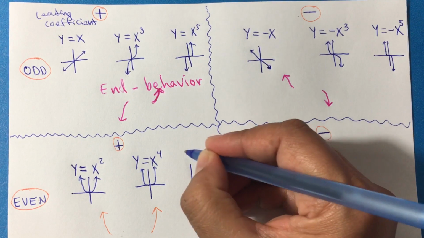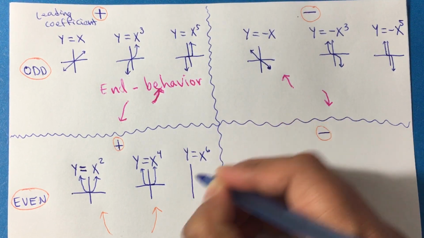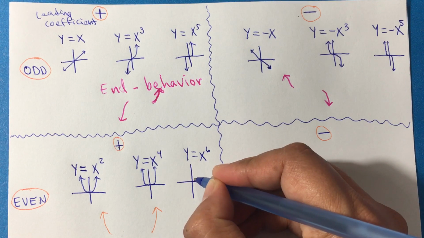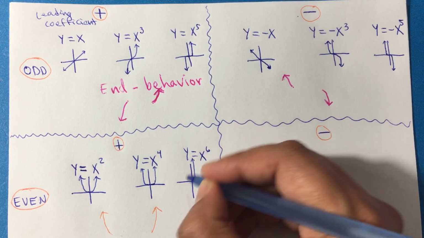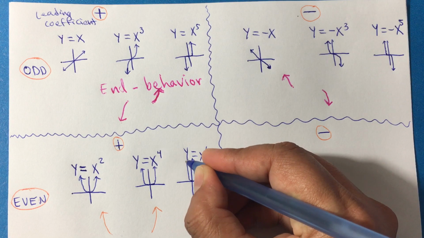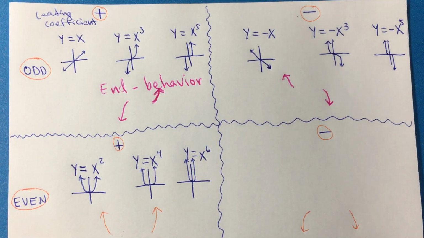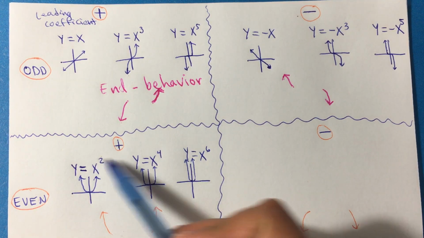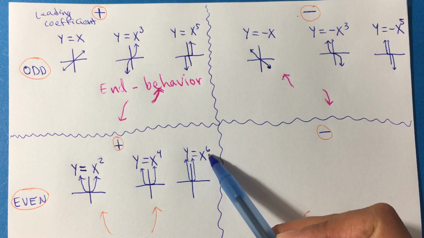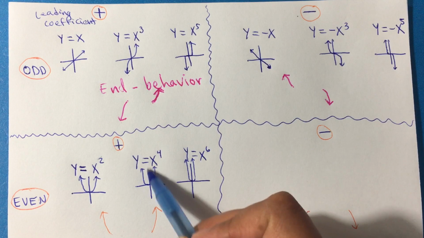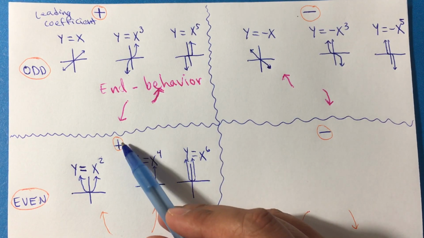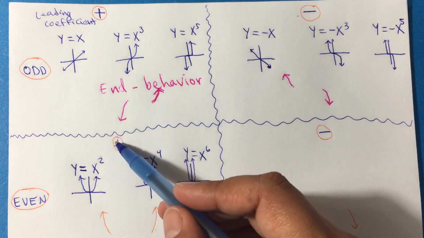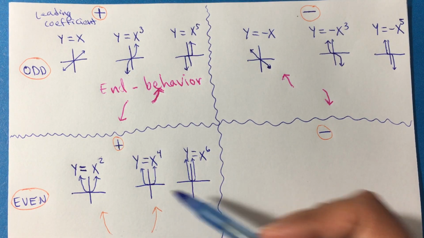And the same for y equals x to the 6th power, but it's closer, and after 1 it shoots even faster than y equals x to the 4th. Again, this is an even degree. The coefficients are positive, so that's why, even, both in the same direction, positive, going up.